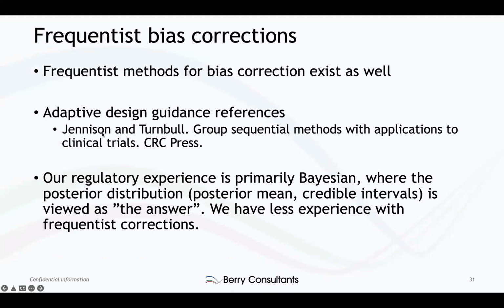This book is 1999, and there are more recent versions as well that are certainly acceptable. Note that our regulatory experience here is primarily Bayesian, and it's been accepted to do it in the Bayesian framework. But if you want to do a purely frequentist way, this is where I would tell you to go. I certainly don't want to claim to be expert in something I'm not.